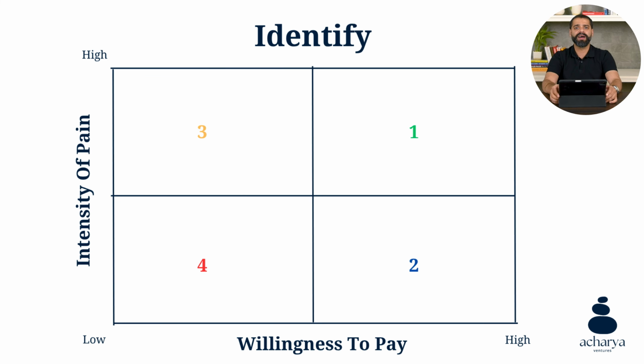And to simplify that, just use again a 2x2 matrix. On one axis, have willingness to pay. On the other axis, list down the intensity of payments. Then categorize between 1, 2, 3, and 4. Put the people in, like, create ICPs, which is ideal customer profiles. Let's say you're creating something for working mothers.